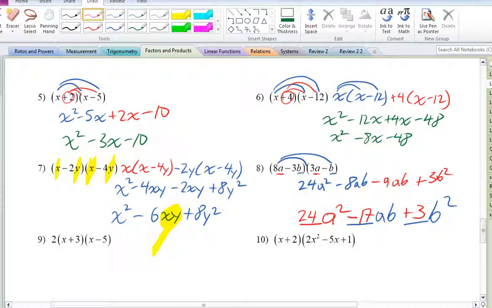Good. Awesome. Starting to see the pattern where things are coming from? Okay, it's about really watching the pattern.